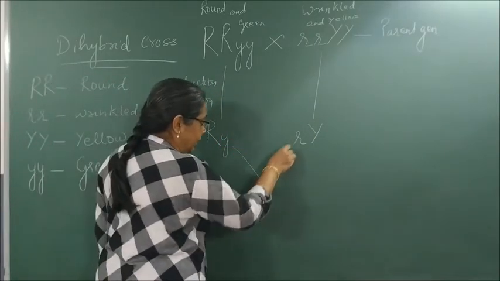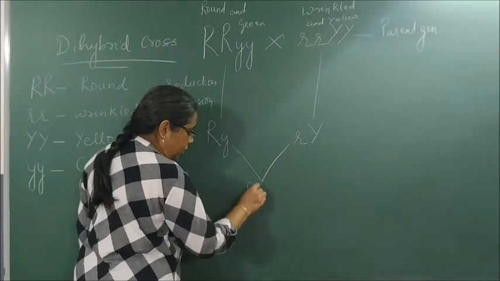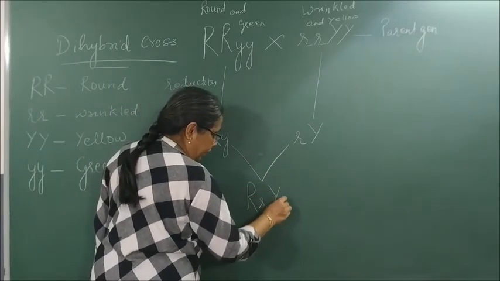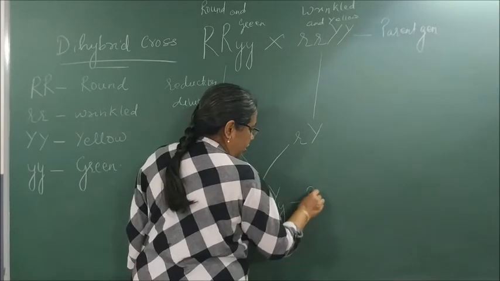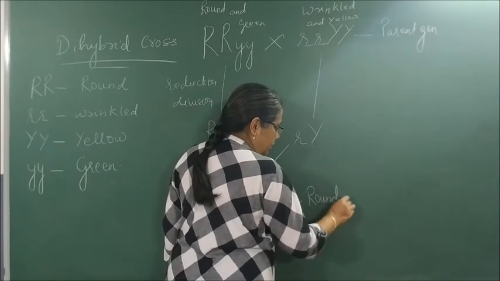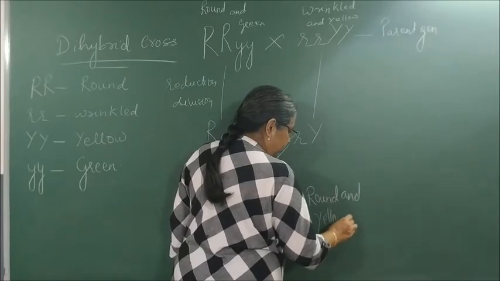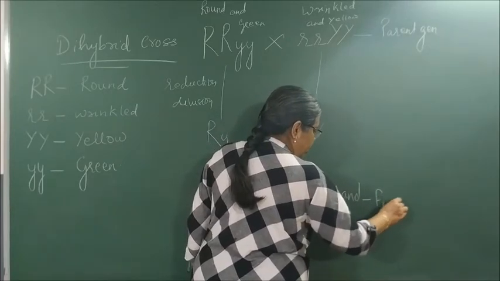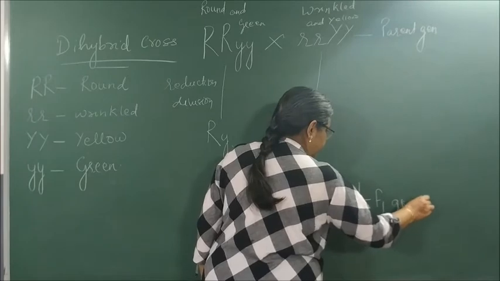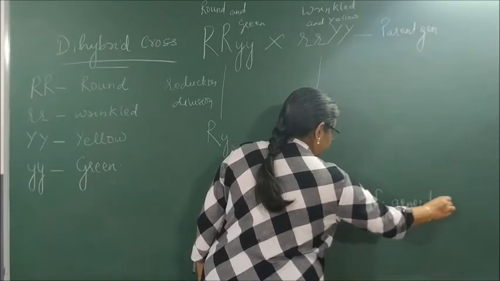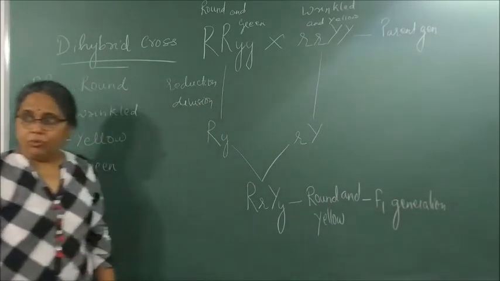So when I get a plant, I get R, r, Y, y, which is what? Round and yellow. This is which generation? F1 generation. Understood how we did?